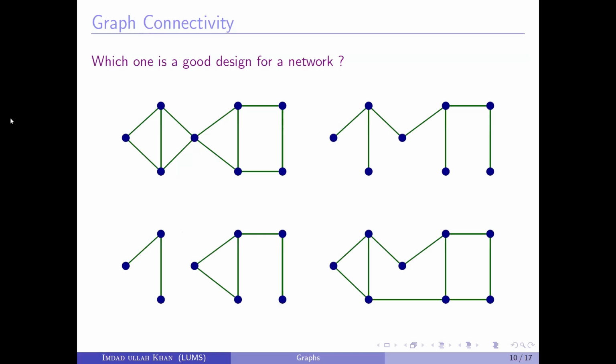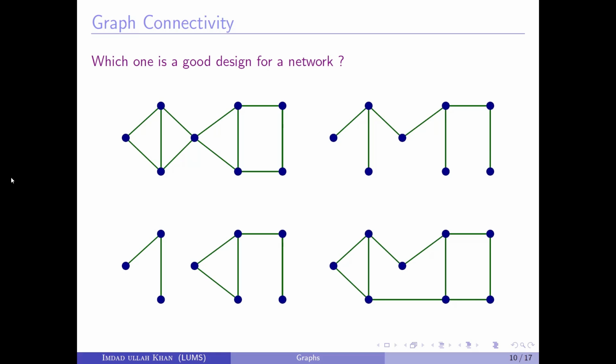So if you think of connectivity and terms like cut vertex, just imagine that these 4 different graphs are possible layouts of some network. That network could be a power distribution network or some internet network.